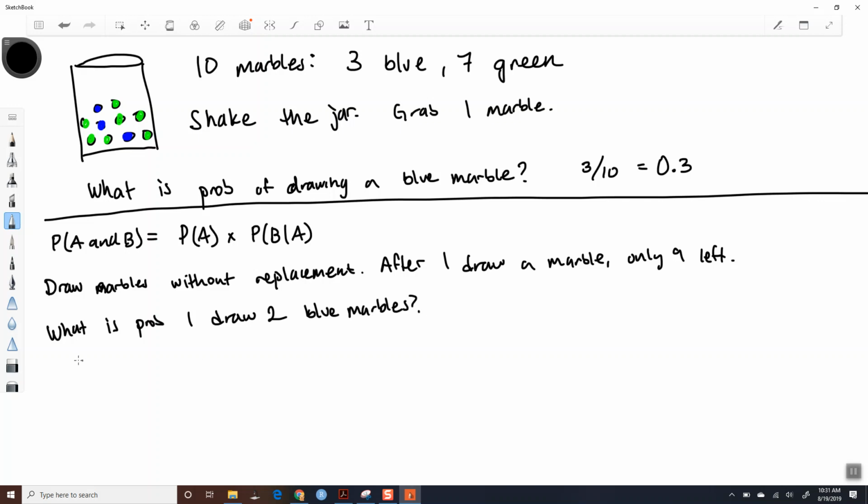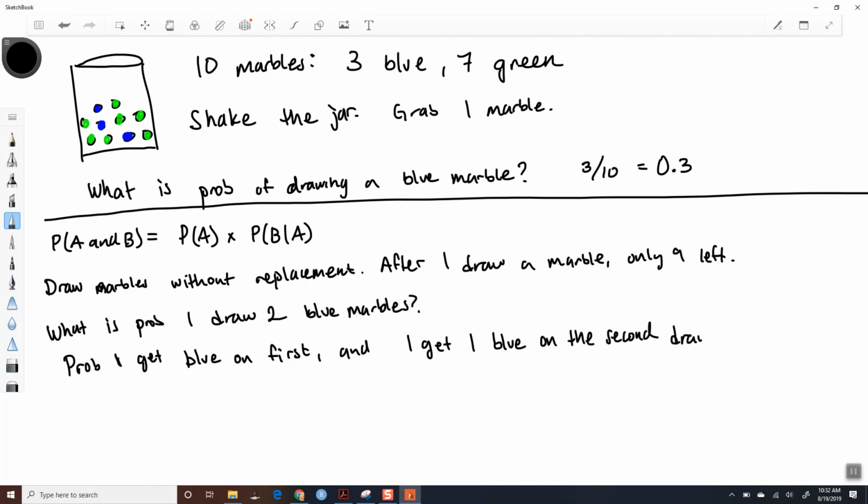This can be broken down to: what is the probability I get blue on the first draw and I get blue on the second draw.